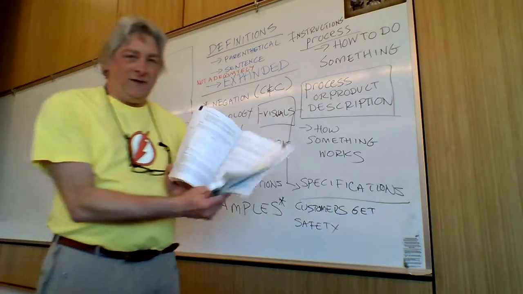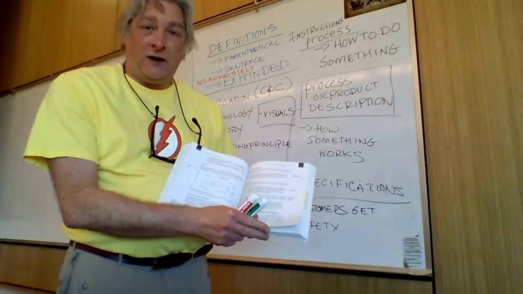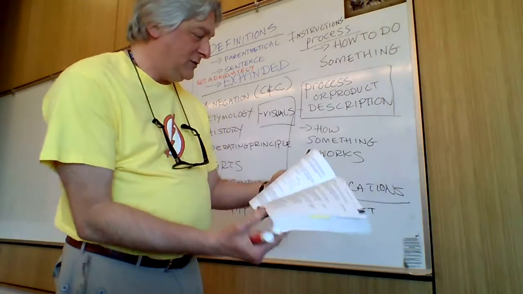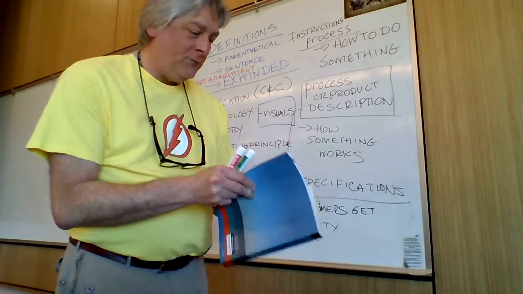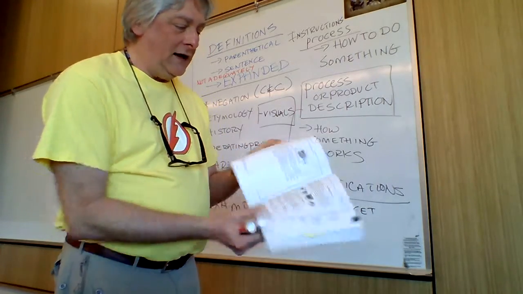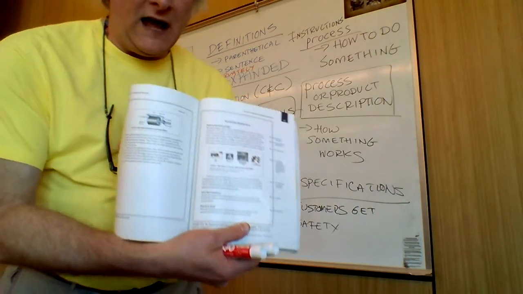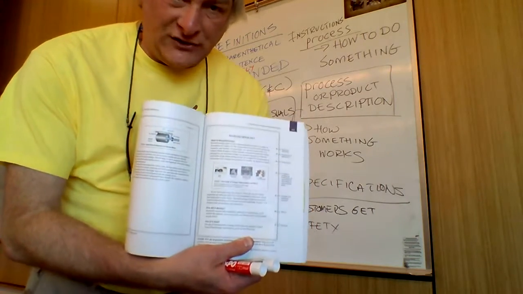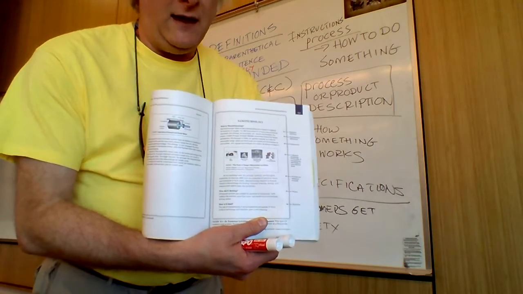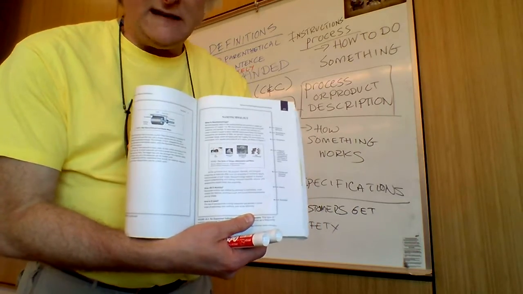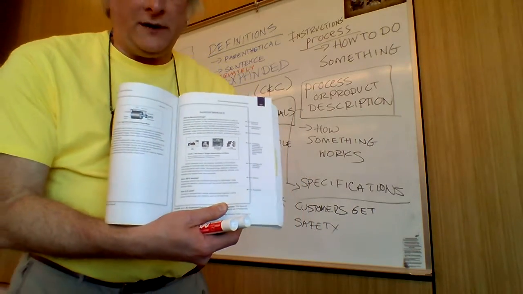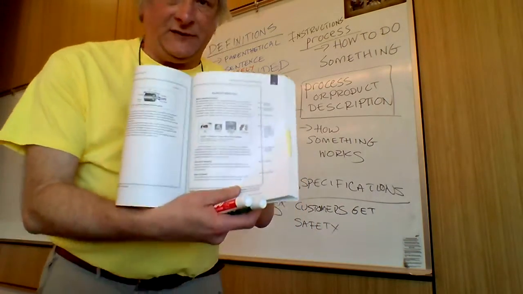So here we have the textbook of our chapter on expanded definitions, which is chapter 18. And after describing all the different kinds of strategies you use to develop a document for an expanded definition, one of the examples is nanotechnology.